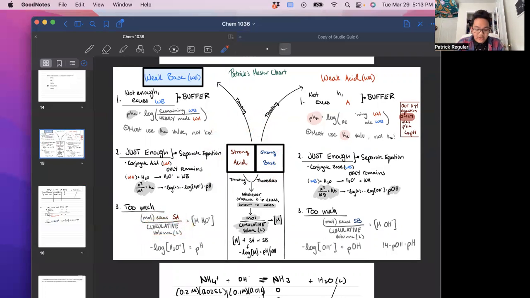Again, hope you see a pattern, always the cumulative volume from titrating both liquids. That's your molarity of strong acid, and your strong acid is going to dissociate completely. So this is going to be your molarity of H3O+. You stick that molarity of H3O+ into your negative log, and you'll get pH.